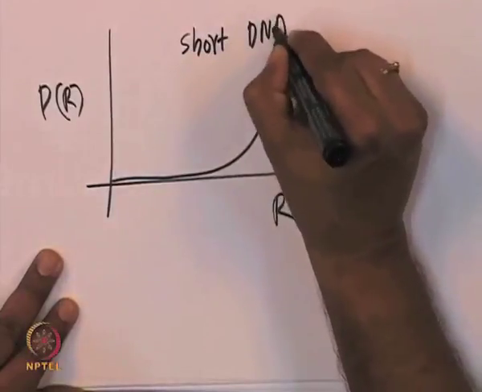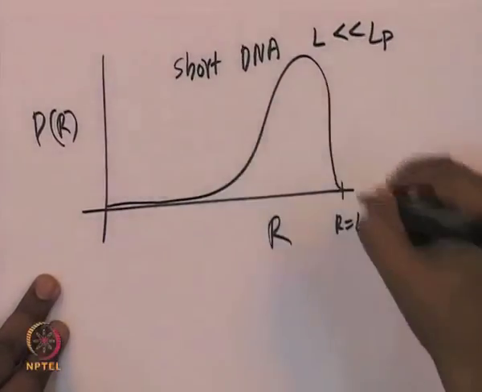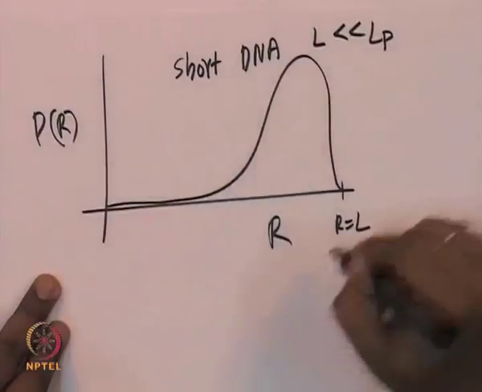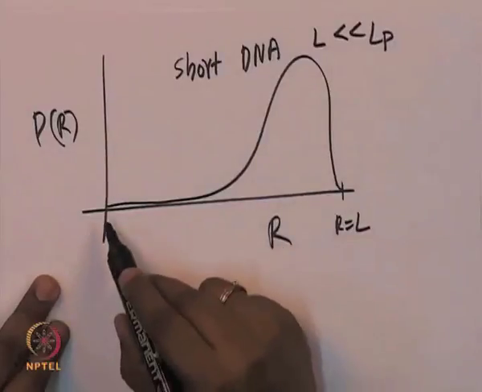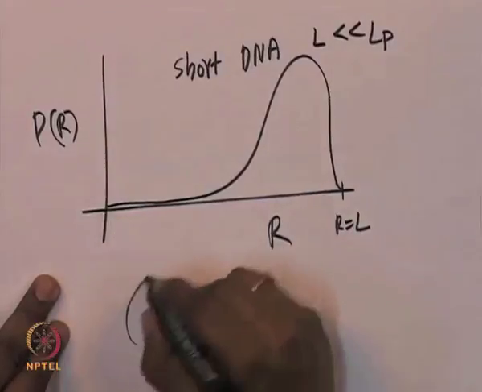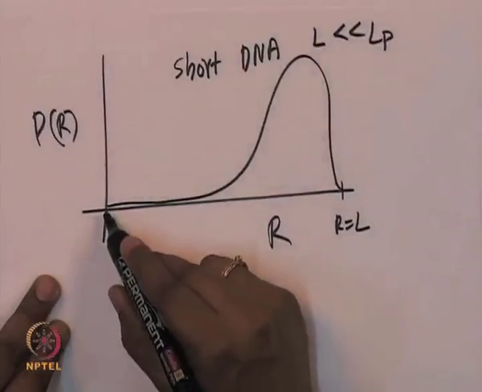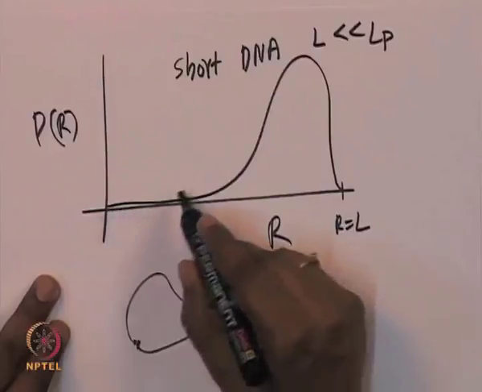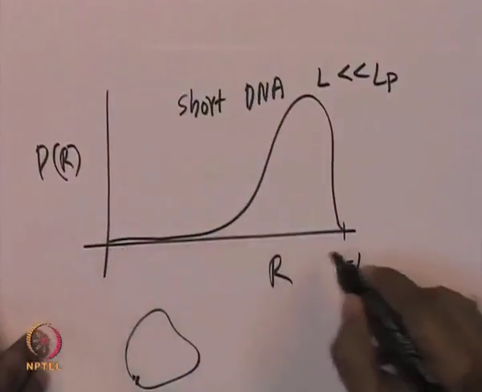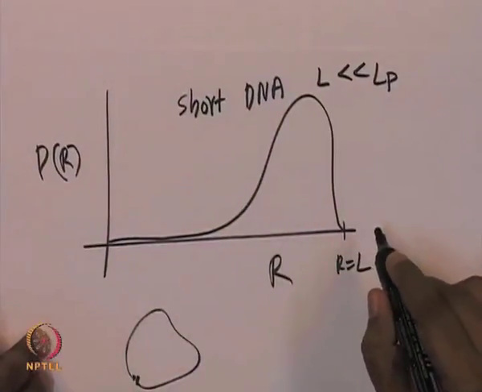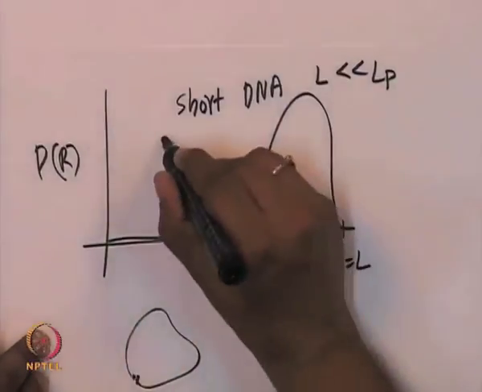For small DNA, whose length is much less than the persistence length, the end to end vector distribution would look like this. You see that the probability that r is equal to 0, that means the looping probability, the probability that these two ends come together, is very small. It's not 0, but very close to 0. So, this is the probability to have an end to end distance for a short DNA.